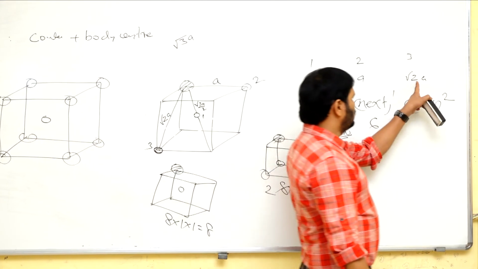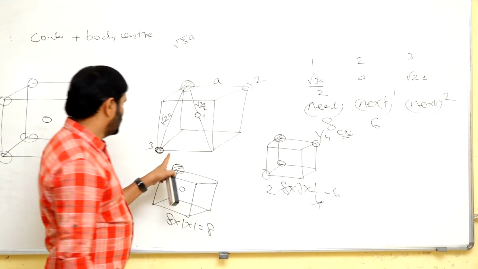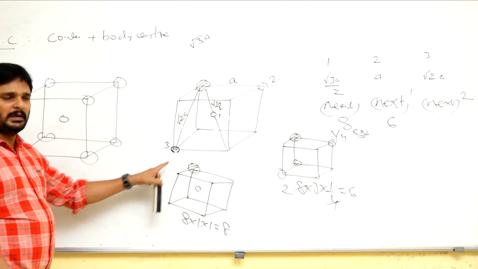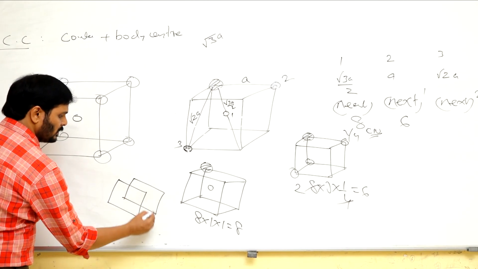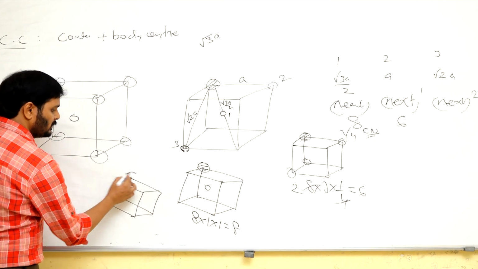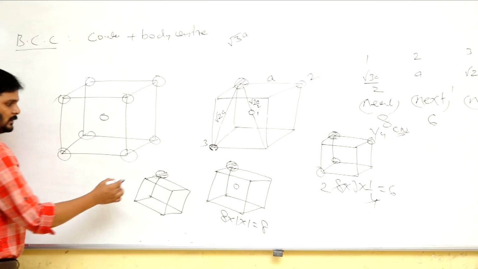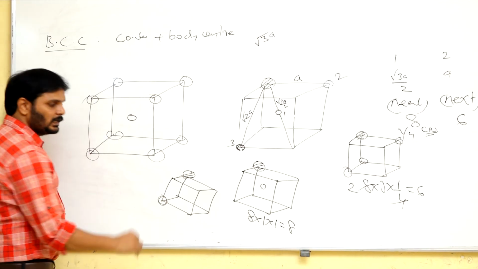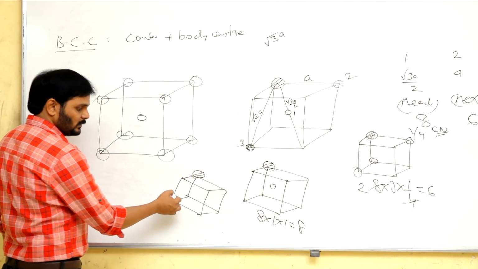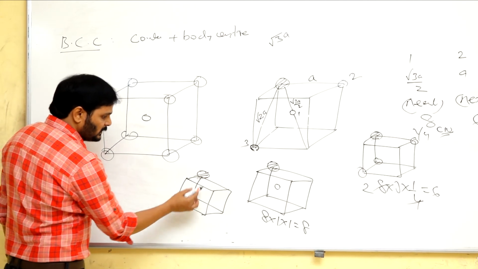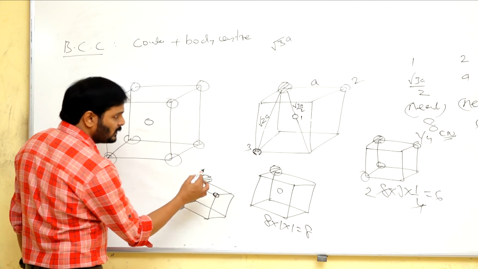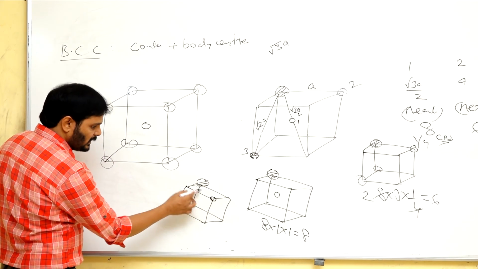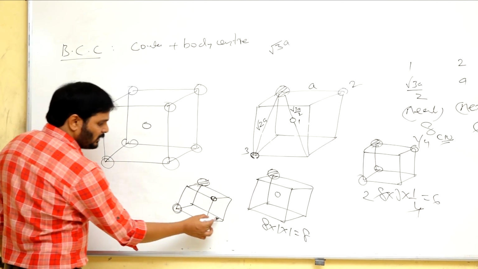Similarly, for the atom at root 2a, the number of neighbors is required. This is a reference atom. This is one face diagonal, this is the second face diagonal, we have one more here, again a face diagonal, and one more here.